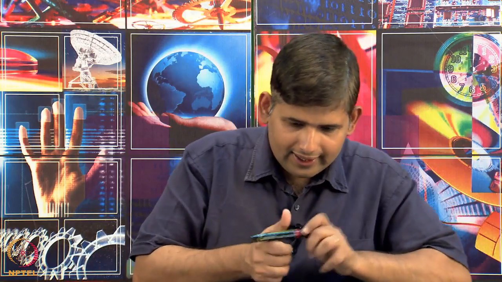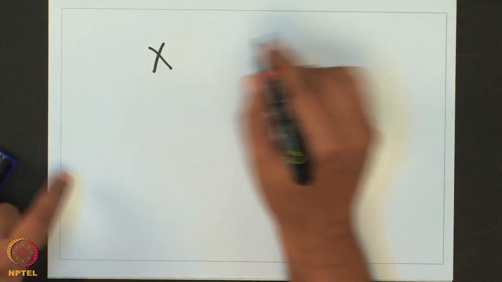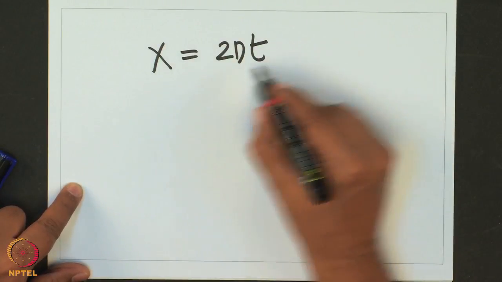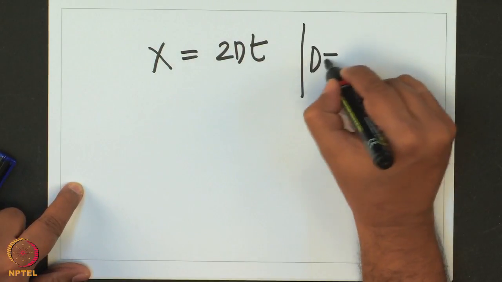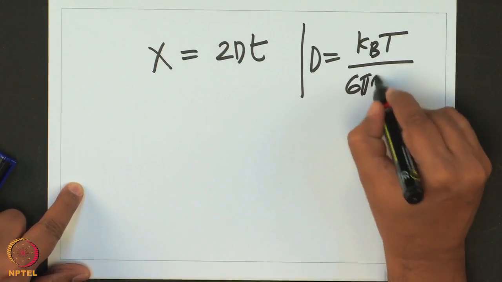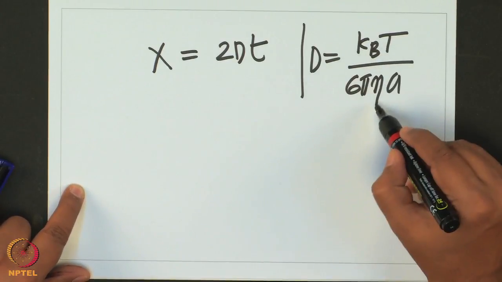Now another thing to remember is that in one case x is root 2 dt, and D is controlled by temperature, which is a fixed quantity in a cellular environment.